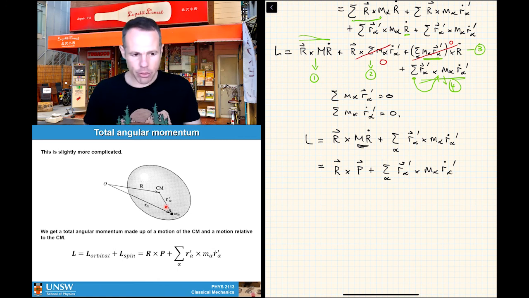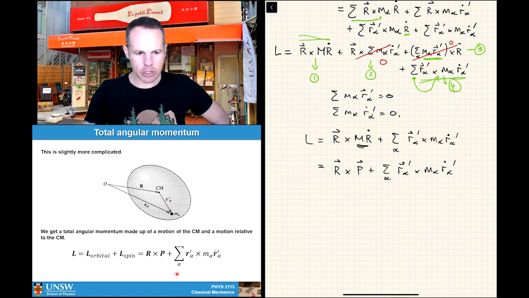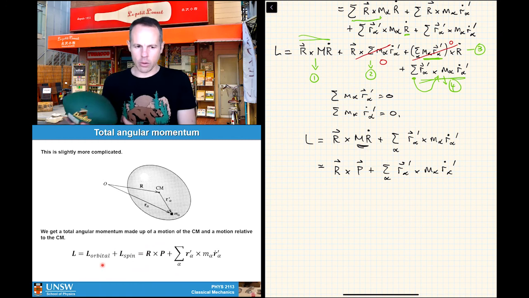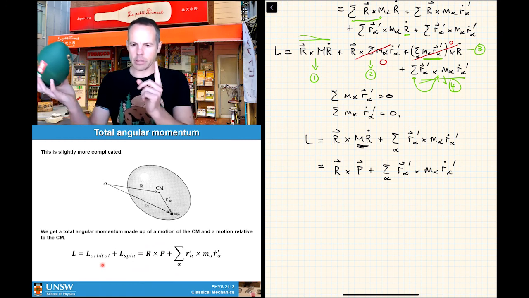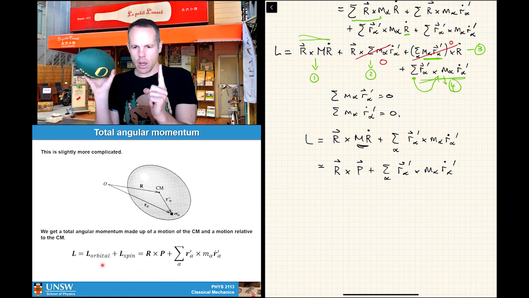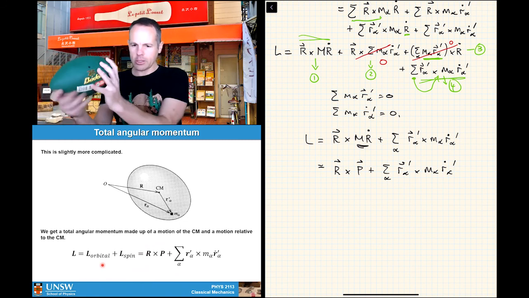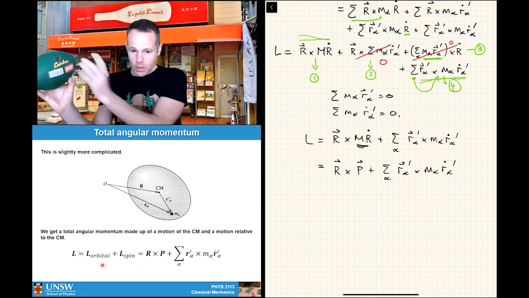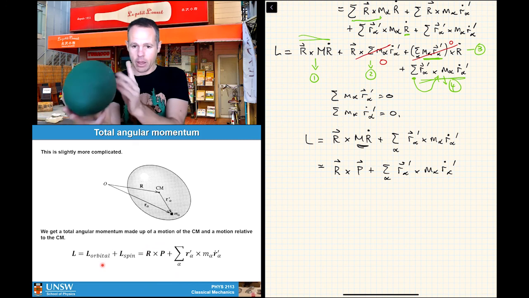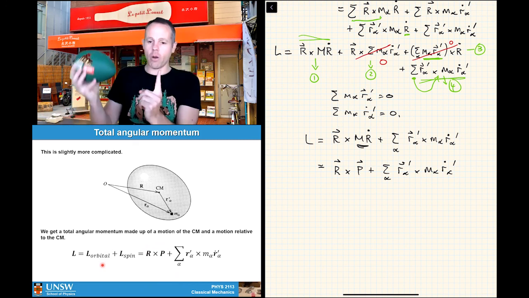And if I think about this thing, I get this expression just down here, and I can actually break this up into 2 components, right? The first component, this R cross P, is basically what we could call an orbital angular momentum. So if we think about this for a second, what we have is this object, say, spinning on its own axis and rotating around some origin, right?